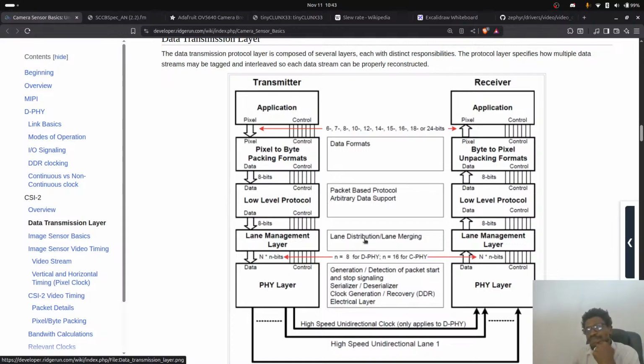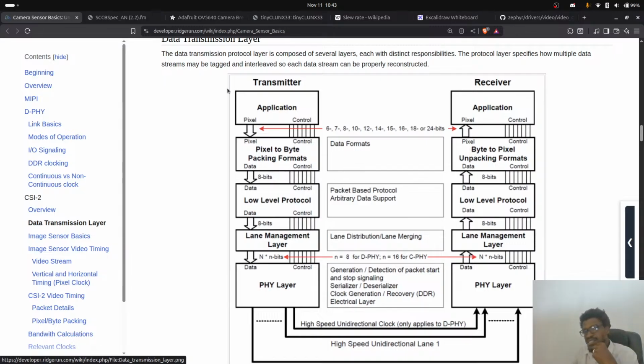So this is some sort of image that explains to us how data is transmitted, and you basically have a transmitter and a receiver, and the transmitter could be something like a camera, and the receiver could be something like a screen or some sort of microcontroller.